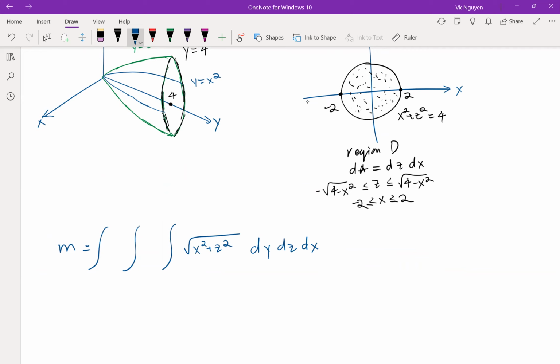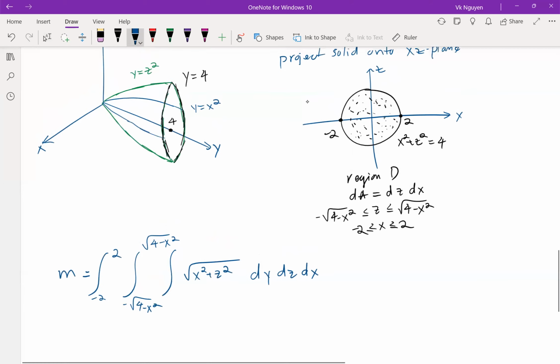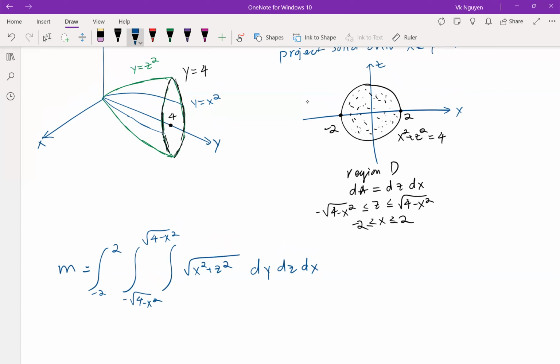Well, from the region D, we see that this is the negative root 4 minus x square, root 4 minus x square, negative 2 to 2, and y go from, you can see, from the paraboloid, so that is the x square plus z square, to 4.